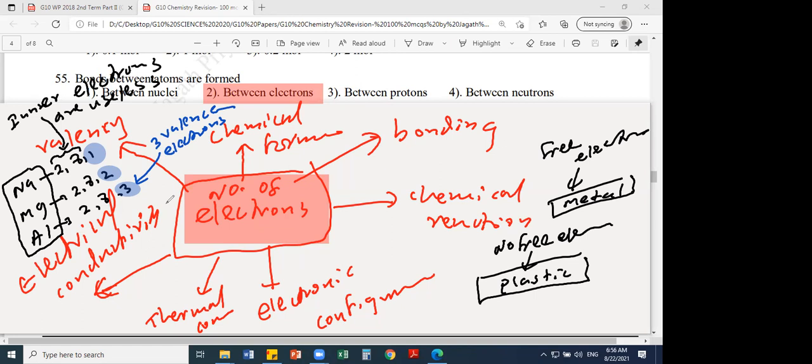Outermost electrons are so important to predict the properties of matter. Now you can easily tell that aluminium has 3 valence electrons, therefore aluminium conductivity is greater than magnesium, and magnesium conductivity is greater than sodium. So the availability of valence electrons contributes to electrical conductivity.